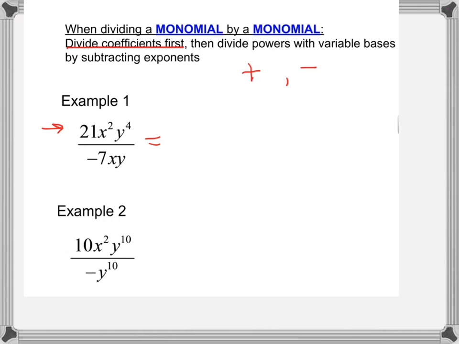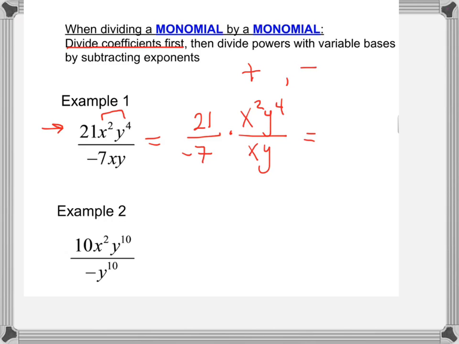So let's think about the coefficients here. We have 21 divided by -7. Then let's separate the coefficients from the parts of the terms with the powers of the variables. Let's write the second parts in their own little fraction for a minute. So we have x squared y to the 4th over xy.